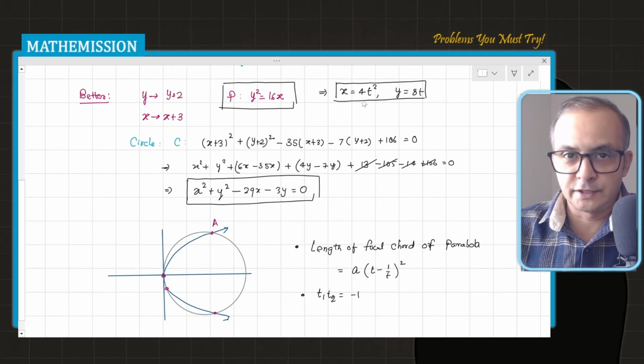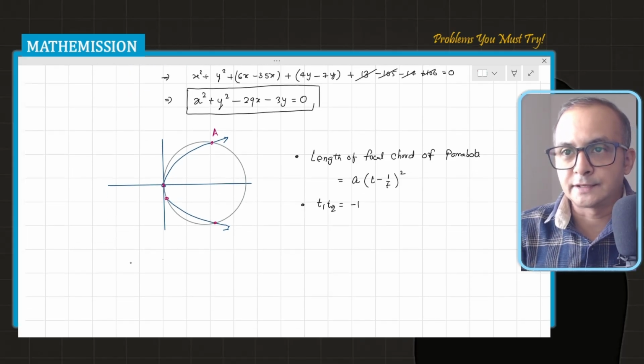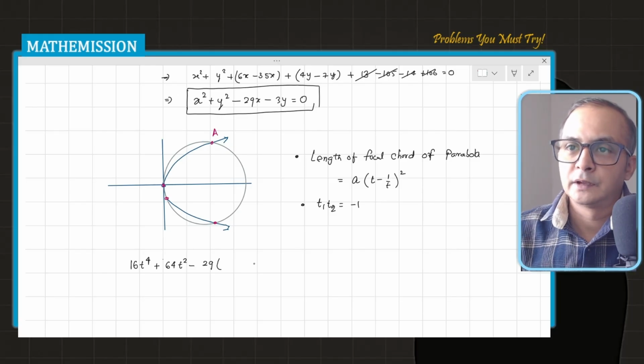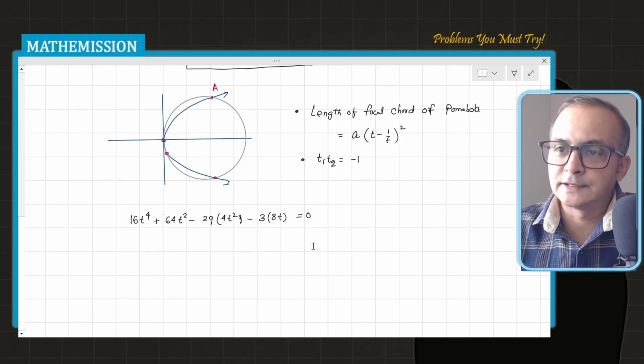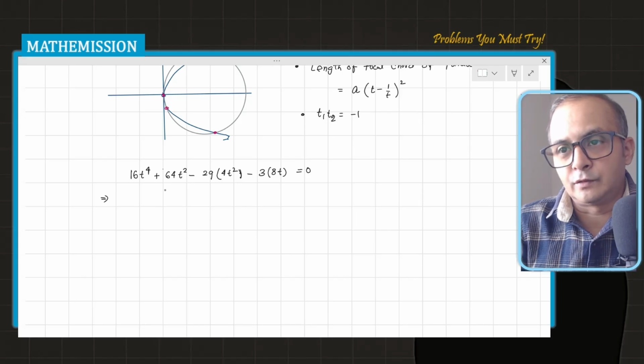Substitute x equals 4t square, y is equal to 8t. So I'm substituting x equal to 4t square, so it will give you 16t to the power 4, and y is equal to 8t, so that will give you 64t square, minus 29 times 4t square, minus 3 times 8t. From there you can notice that I can take 4t common, so that our life will be simpler.